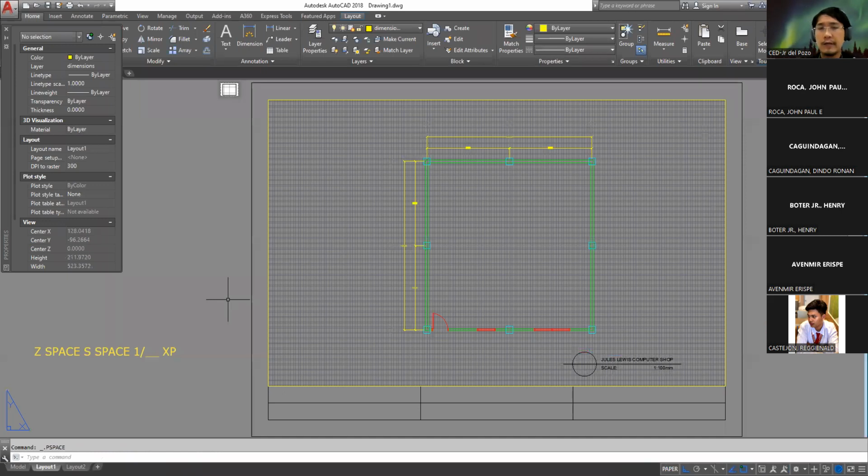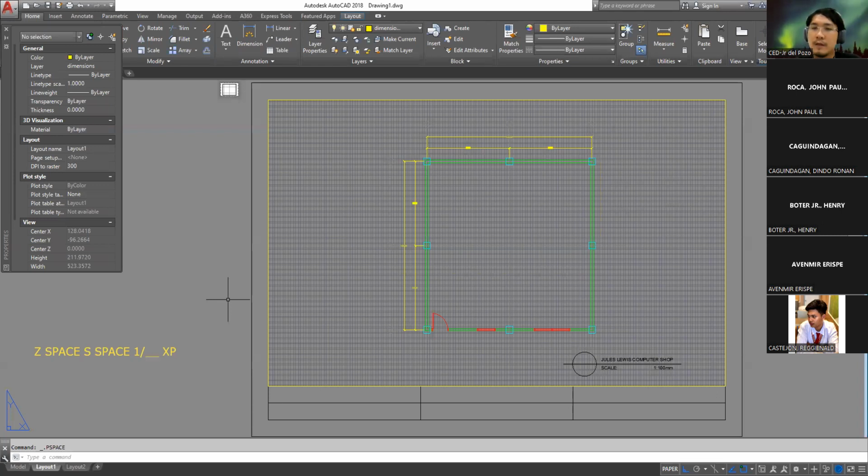Now, hindi naman tayo naglalagay ng mga komplikadong ratio din. Like for example, naglagay ka 1:75.5 or naglagay ka 1:64.